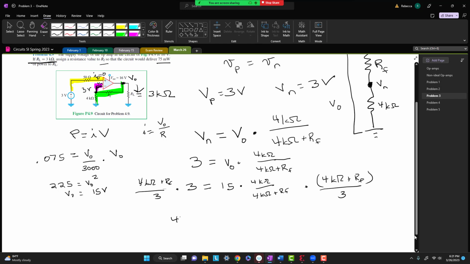So I get 4 kiloohms plus RF equals, and 15 divided by 3 is 5, 5 times 4 kiloohms is 20 kiloohms. Or RF equals 16 kiloohms.